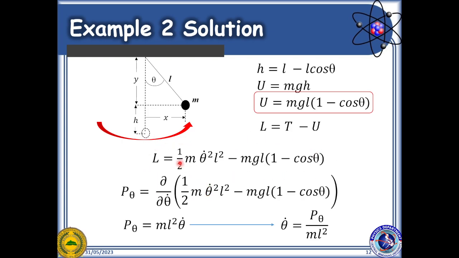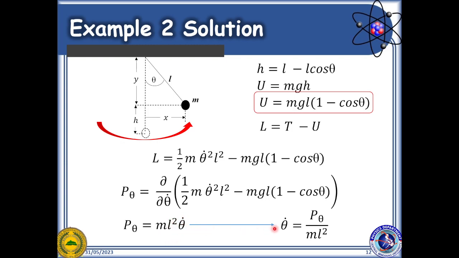As we have done in the previous example, we can find the generalized momentum p theta, which is just the partial derivative of the Lagrangian L with respect to theta dot. So we obtain p theta just equivalent to m L squared times theta dot.